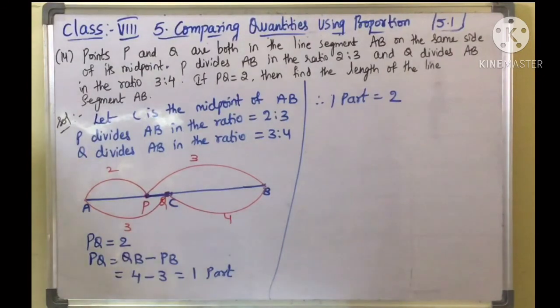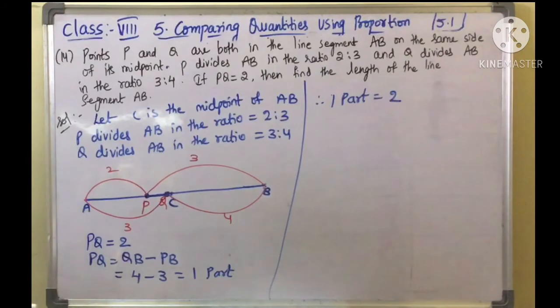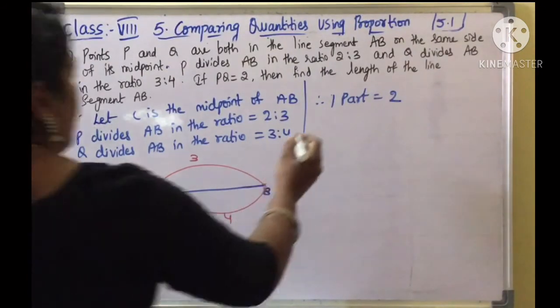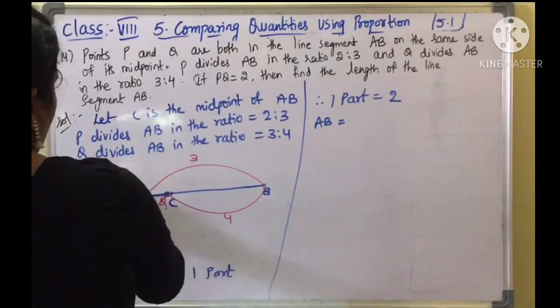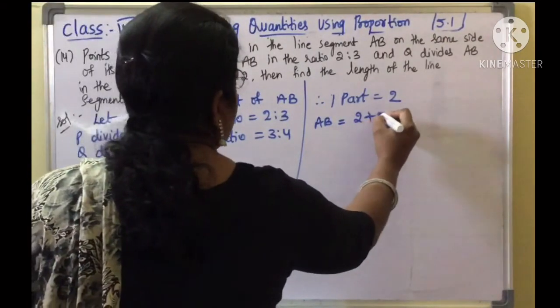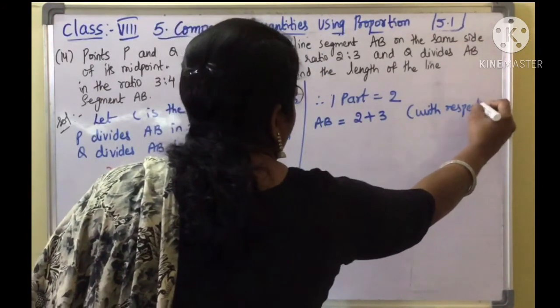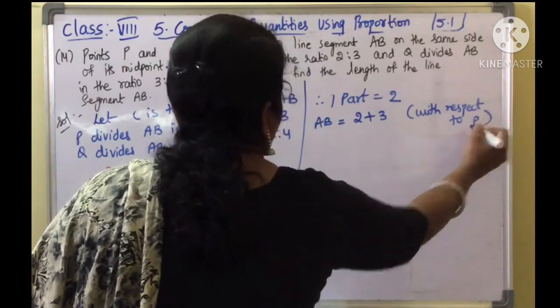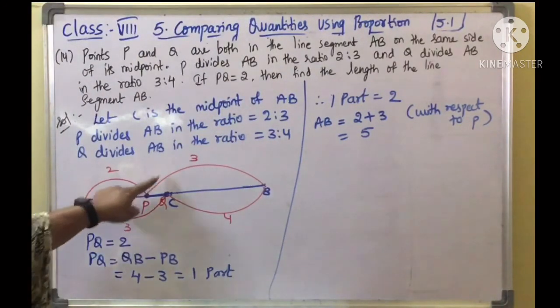Now we need to find AB with respect to Q and with respect to P. Now first we will find the value of AB. AB is equal to what here? 2 plus 3. Here with respect to P. So how much, children, it is? 5. Yes or no? 2 plus 3.